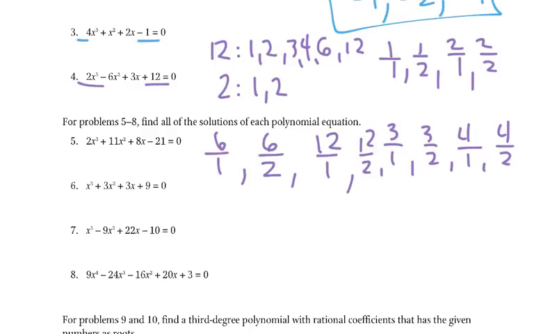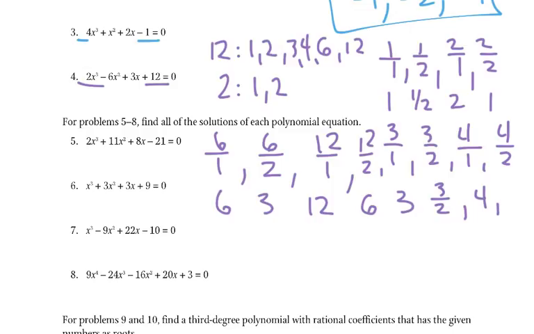And then we'd simplify those. So that would be 1, 1/2, 2, 1 again, 6, 3, 12, 6, 3, 3/2, or 1.5, 4, and 2.